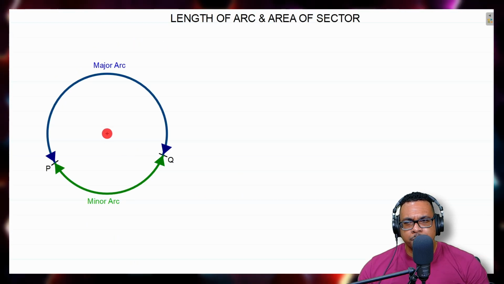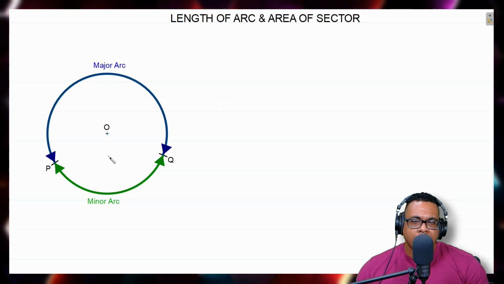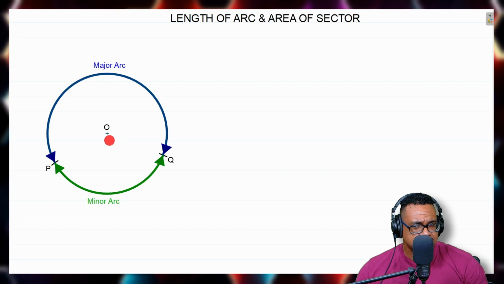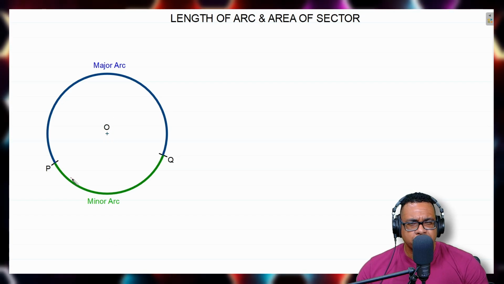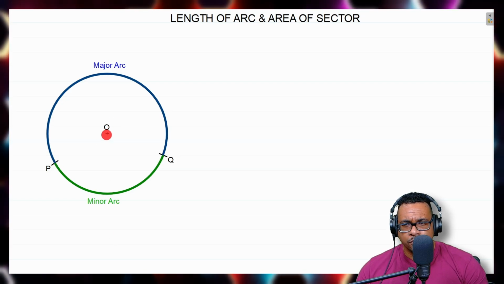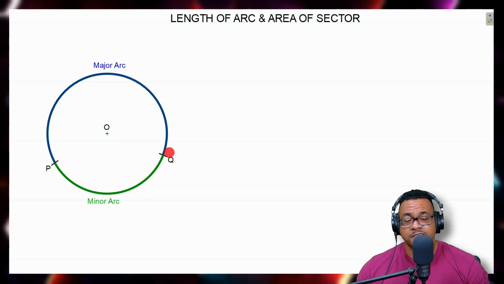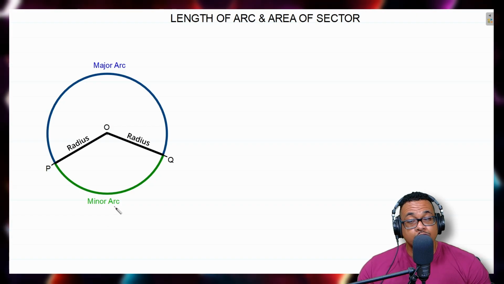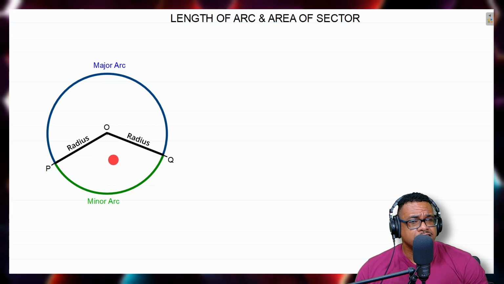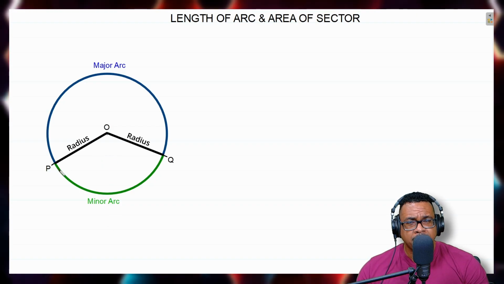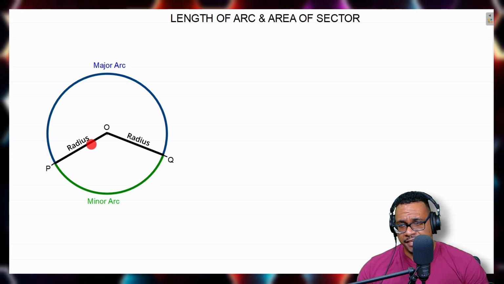Now, this point here will be the center of the circle, and we call that point O. Now, if I draw a line from the point P to O and from Q to O, from P to O will be the radius of the circle, and also from O to Q will be the radius of the circle. So what we'll end up with is a piece of the area of the circle bounded by the arc and the radii.